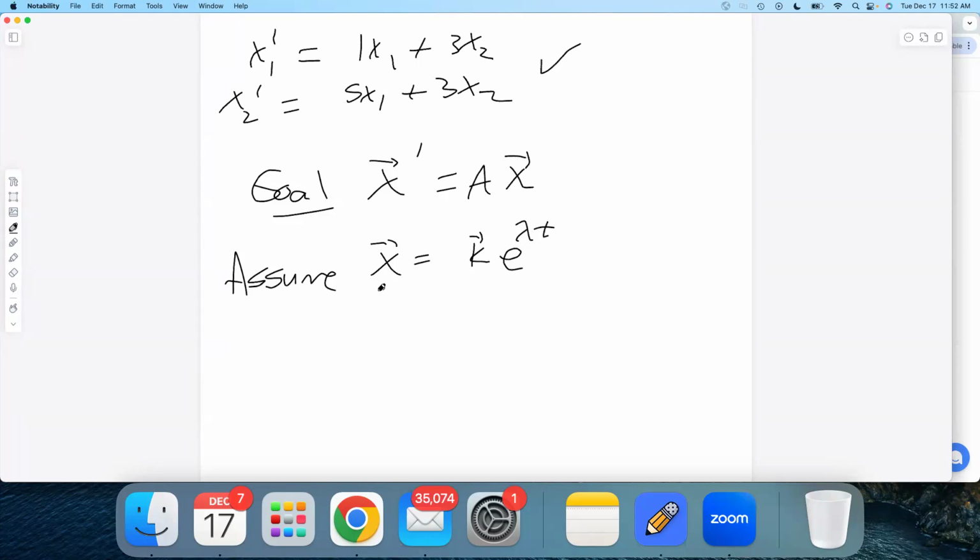Okay, so if we were to take the derivative of that, x prime would be lambda times some vector k e to the lambda t. And if I were to plug all that into this equation, that's the left-hand side right there, and then my original A x would go there.